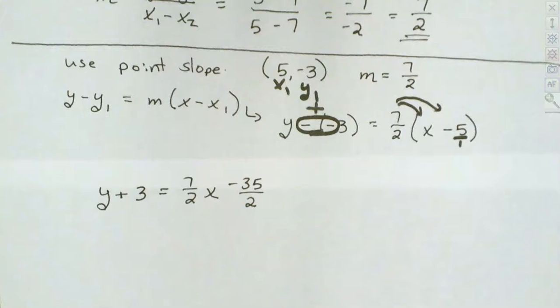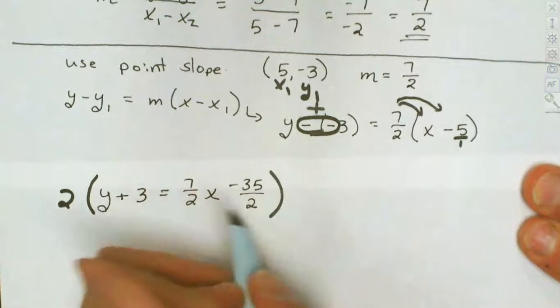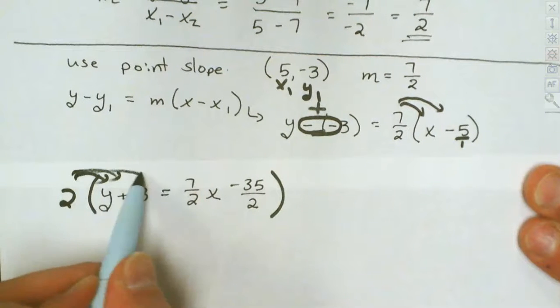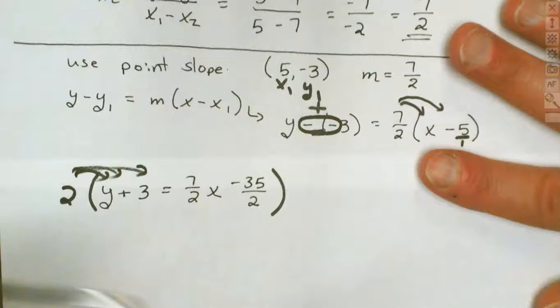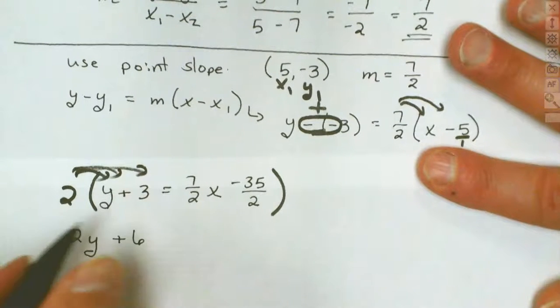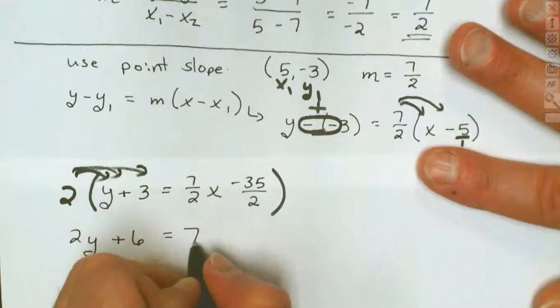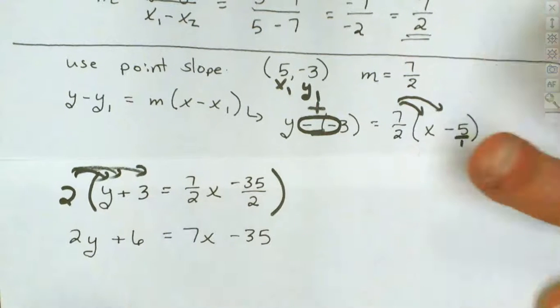So we need to clear out those fractions, and how do we do that? We need to multiply everything by a 2. So go ahead and do that, and now we're left with 2y plus 6 equals 7x minus 35.